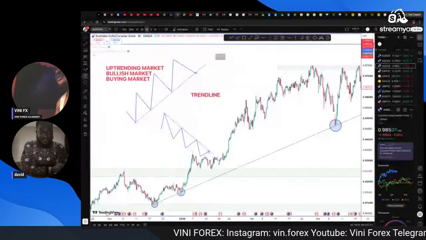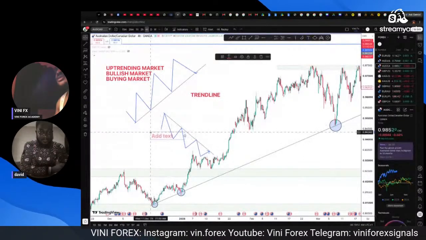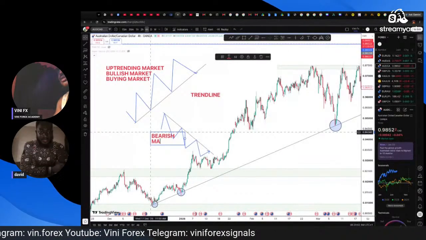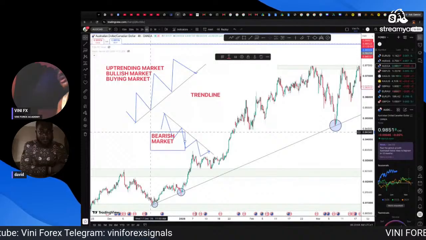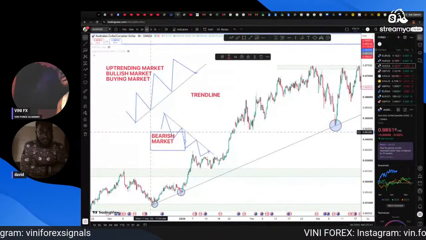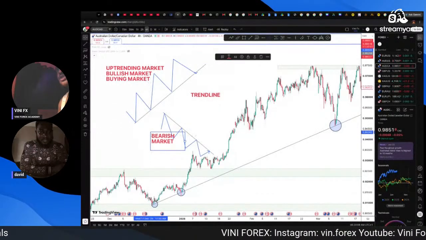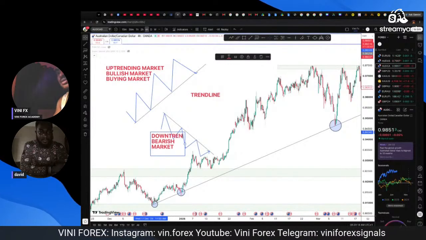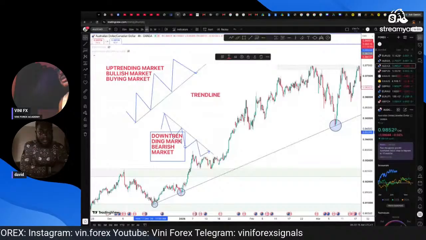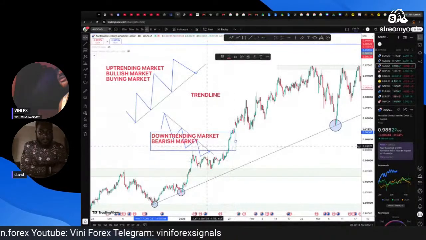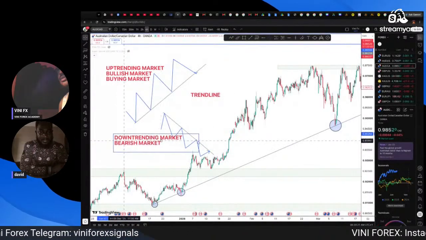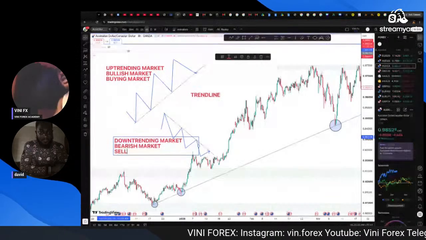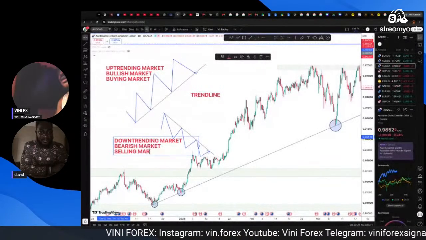And this one now is called a bearish market. It can also be called a downtrending market, a bearish market, or a selling market.